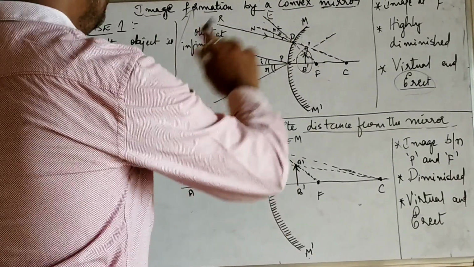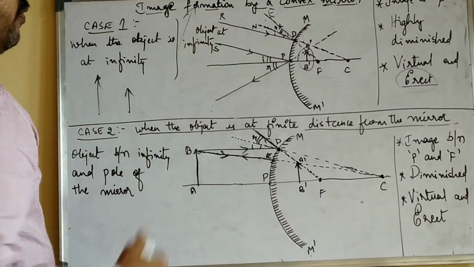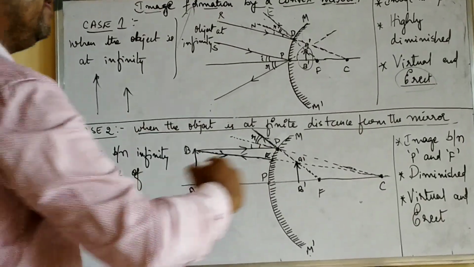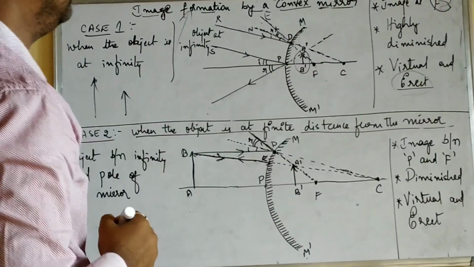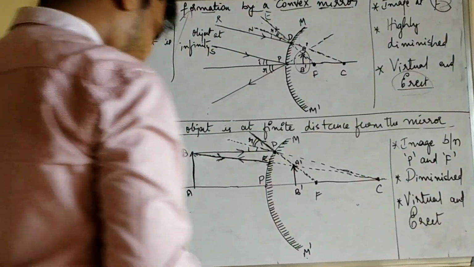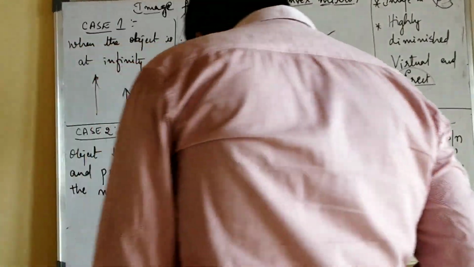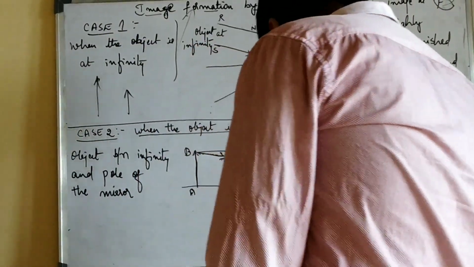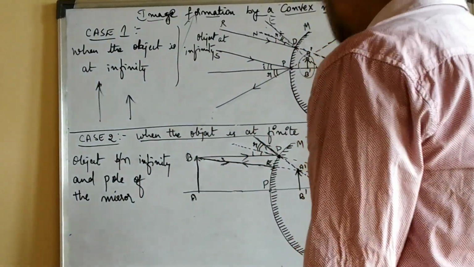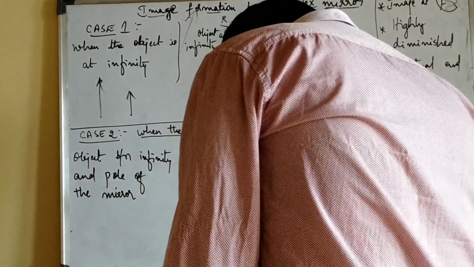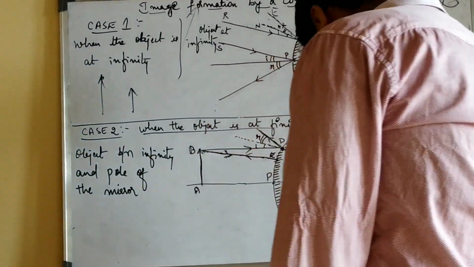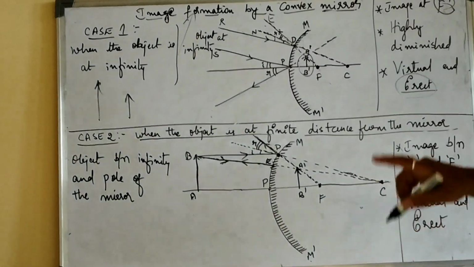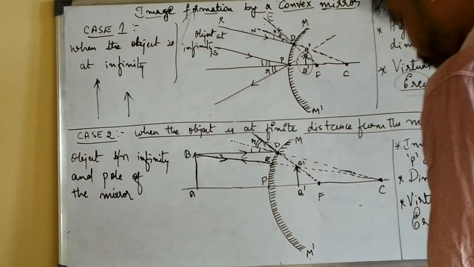Now, what are the different characteristics of the image? The image is formed at the principal focus.